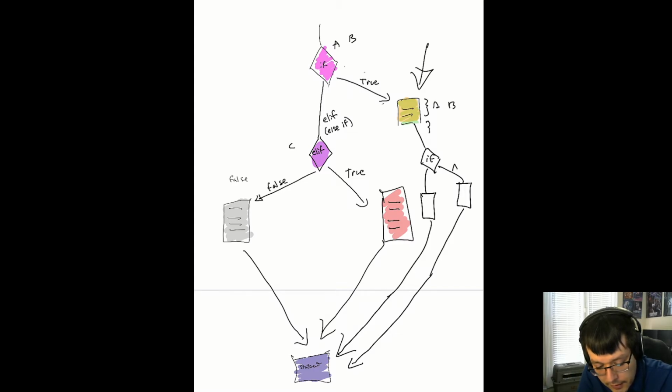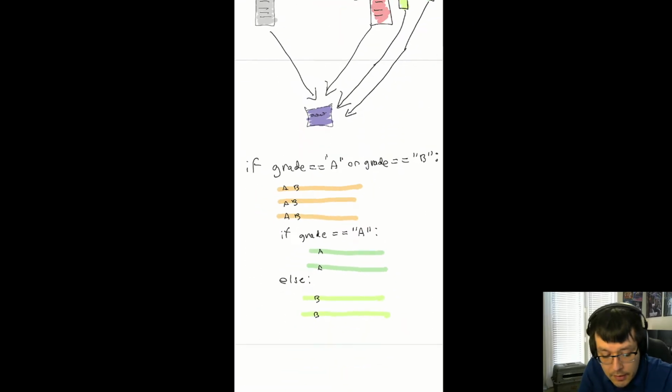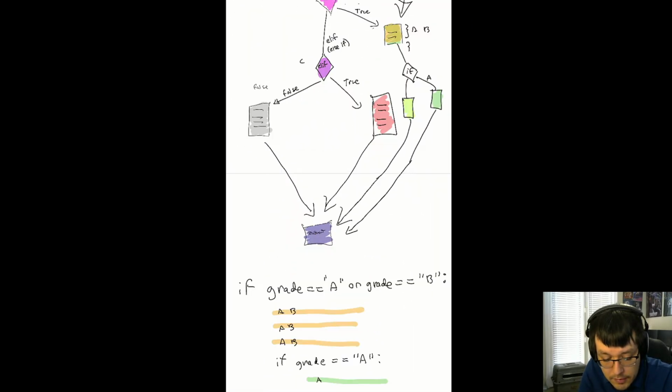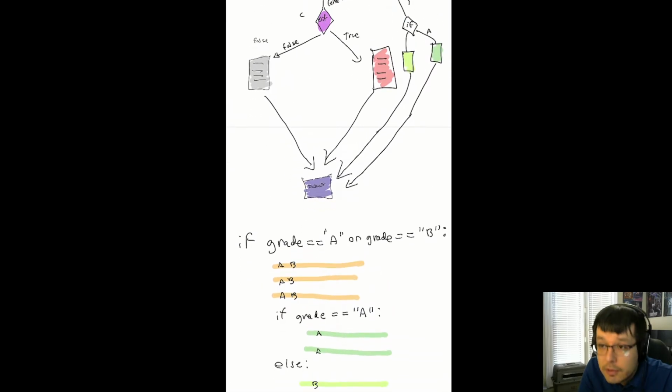And this is like if equal to A, and this is your else, which is just equal to B. Okay? So that will be the equivalent of this here. I'm trying to get it all on the screen.